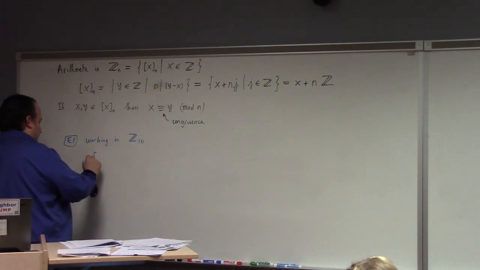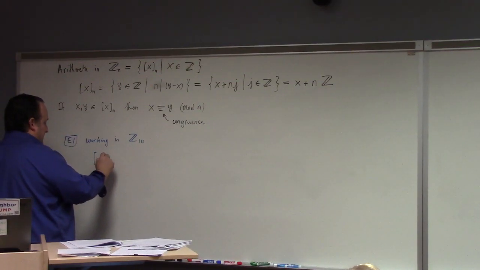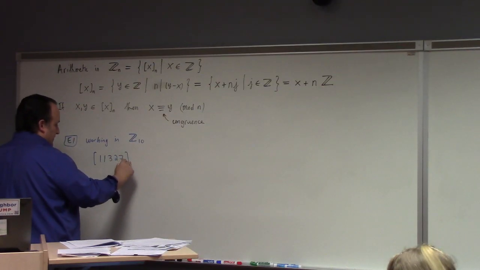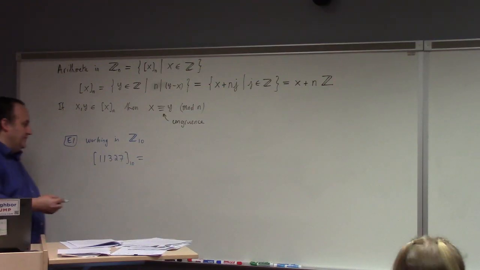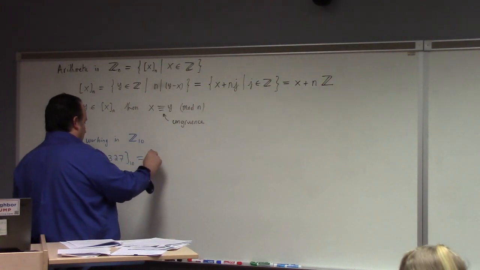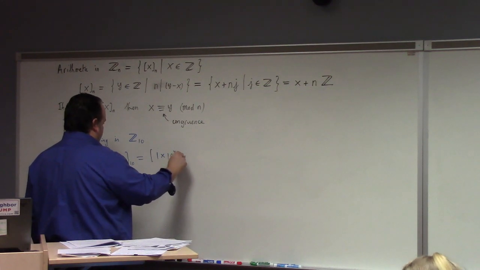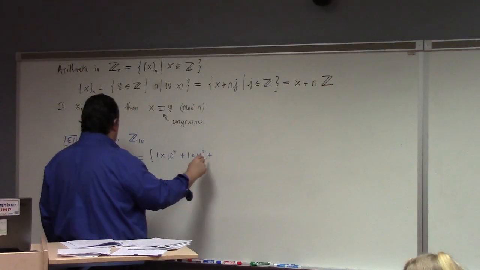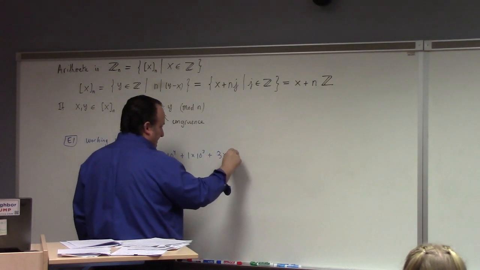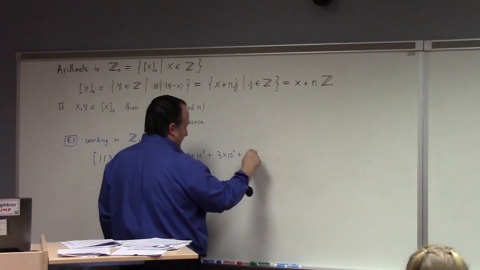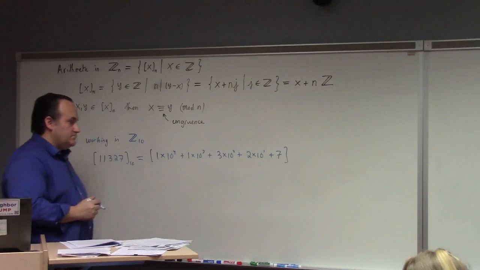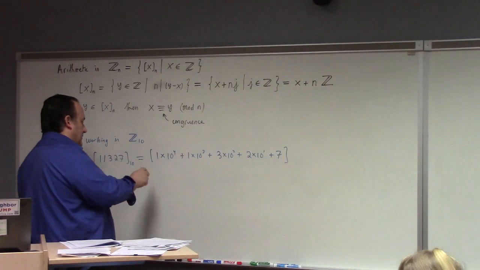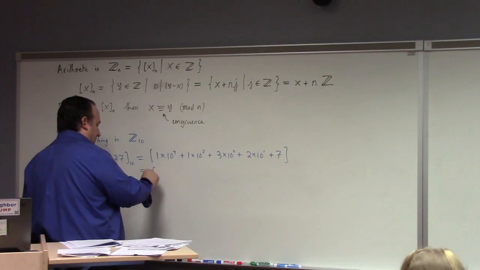And I was to simplify something like 11,327, then in this context, what does 11,327 mean? Well, it means 1 times 10 to the 4th, plus 1 times 10 to the 3rd, plus 3 times 10 squared, plus 2 times 10 to the 1st power, plus 7, right? And so you could simplify this, using the rules that I'm going to justify here in a minute.